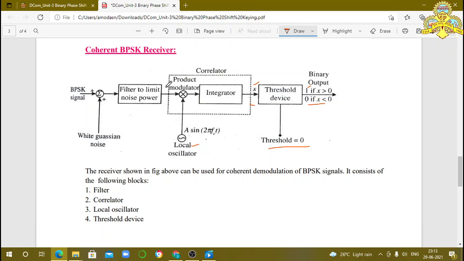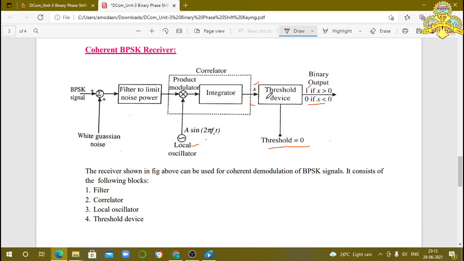If the binary data is 0, then the filter output is 180 degrees out of phase with respect to the local oscillator. Due to that, the correlator output X becomes negative, and this X is compared with the threshold, 0. If X is greater than 0, the binary data is 1. If X is less than 0, then the binary data is 0.